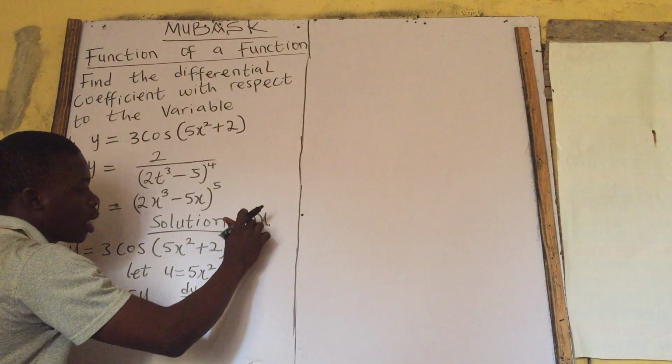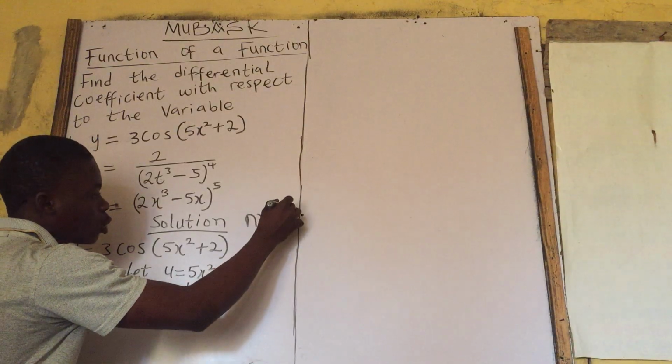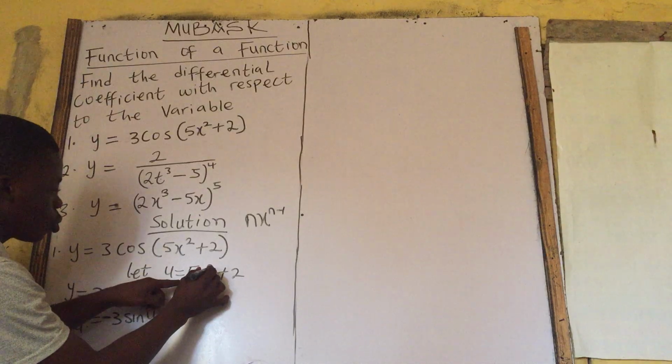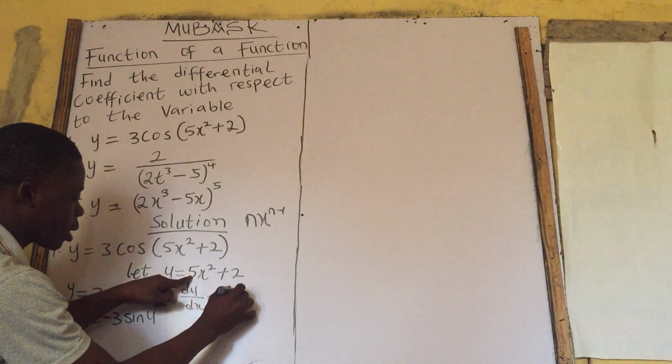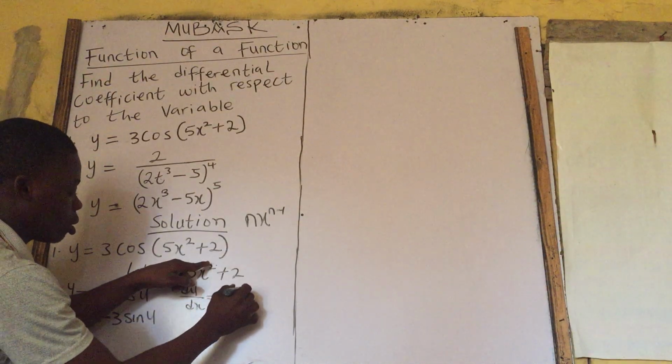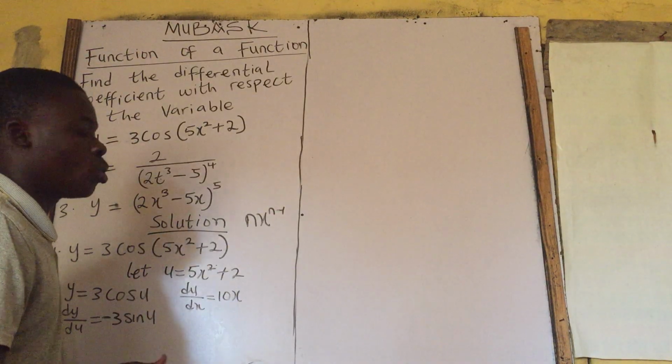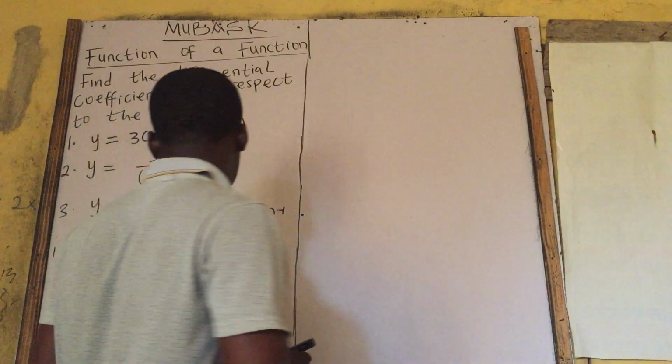Using the general method, n x raised to power n minus 1, 2 times 5 is 10x. 2 minus 1 is 1, plus the constant. From the differentiation table, the constant is 0.